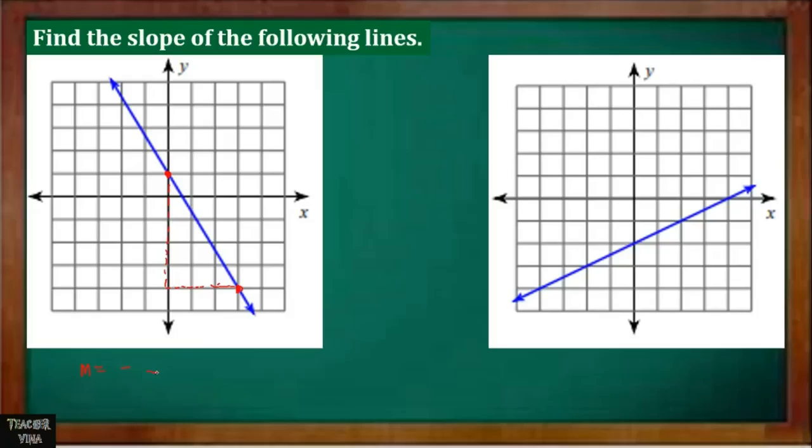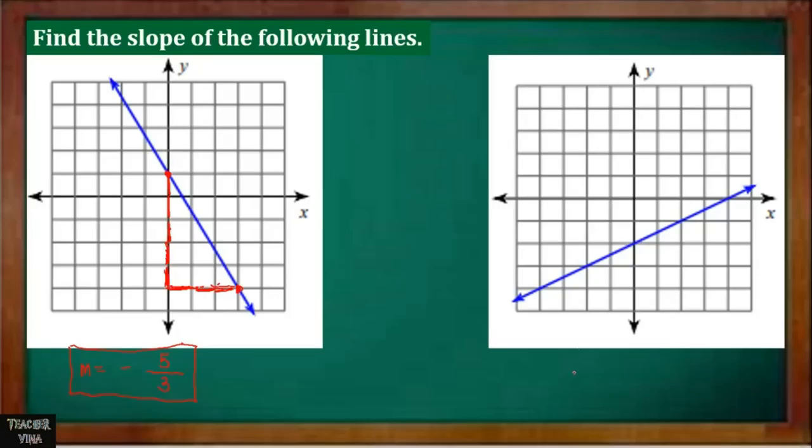Now for the numerator, yung vertical, 1, 2, 3, 4, 5. So that's the rise. For the run, we have 1, 2, 3. Now since it's already in lowest terms, ito na ang ating final answer. Negative 5/3. Pwede nang hindi siya i-change sa mixed number.